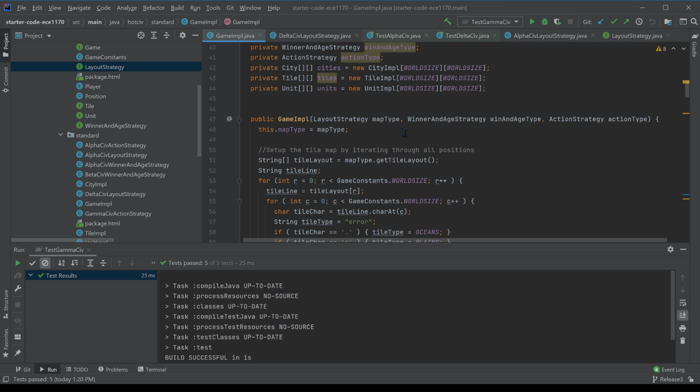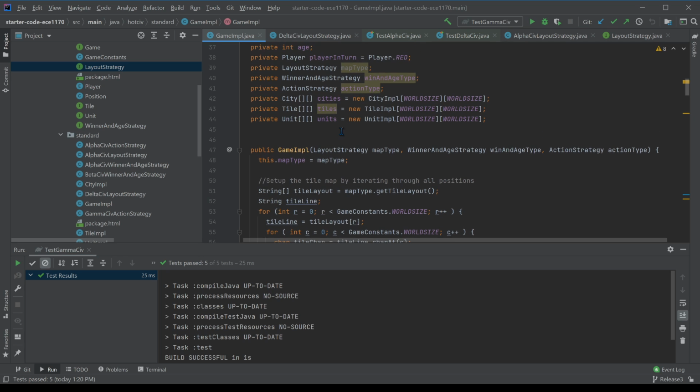In the actual game implementation code, this layout strategy is loaded in as an argument to game implementation. And then this variable map type is the variable I used to basically define which DeltaSieve or AlphaSieve variation of the game I'm using.